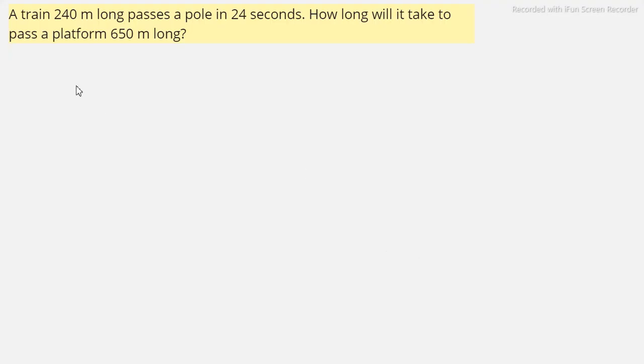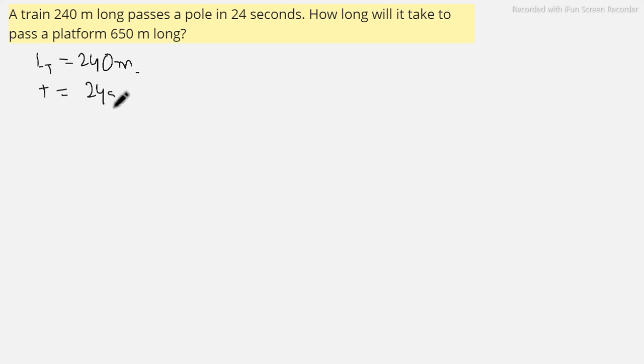So the first question here is, a train 240-meter long passes a pole in 24 seconds. How long will it take to pass a platform of 650-meter long? So what we are given is that the length of the train is 240 meter, and the time taken to cross a pole is 24 seconds.